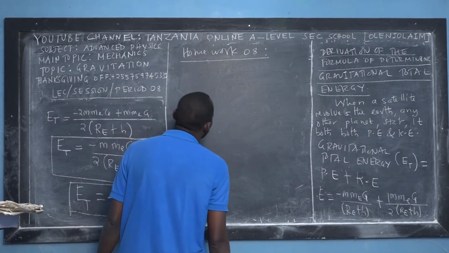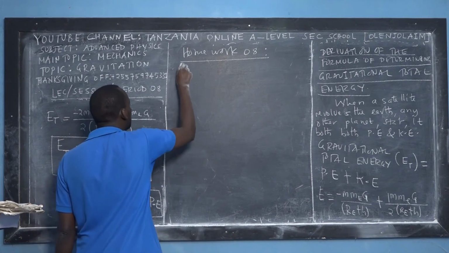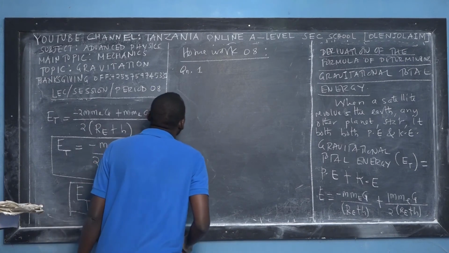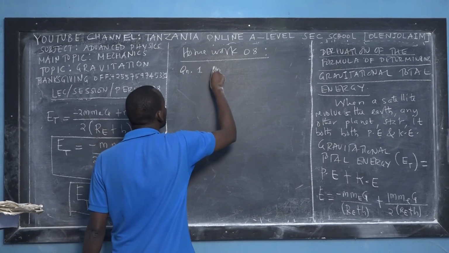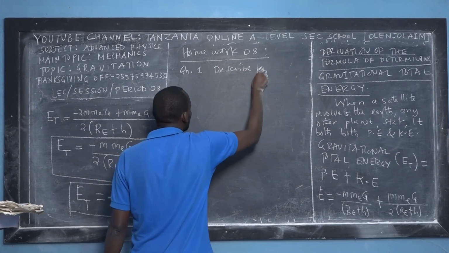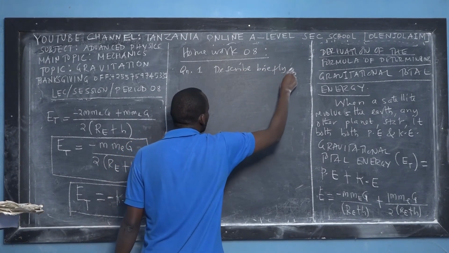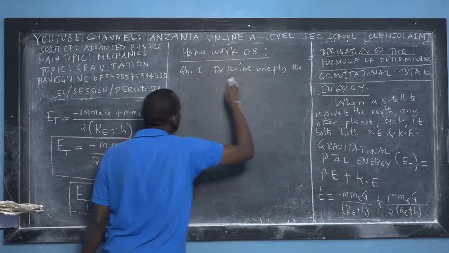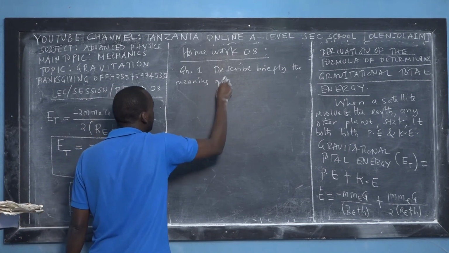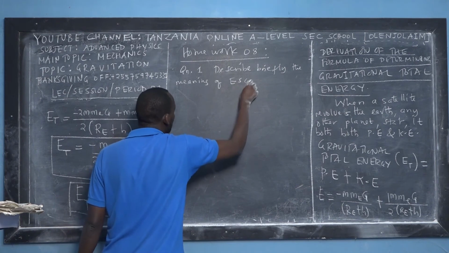So the homework 8, I would like to leave 2 simple questions for you who are good in gravitation. The first question is, describe briefly the meaning of escape velocity.